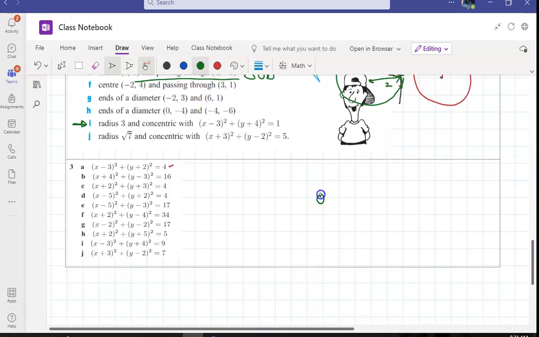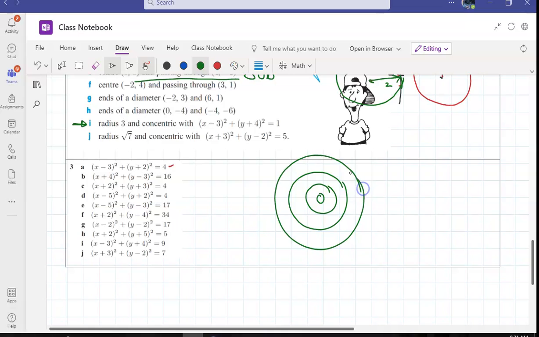So I'll see if I can draw it. Not drawing it that well. But same center. So you're going to have the same bit there, but it's now got a radius of 3, so it'll be 3 squared. Yeah? So don't always think that the question is going to be crazy, crazy, crazy hard.